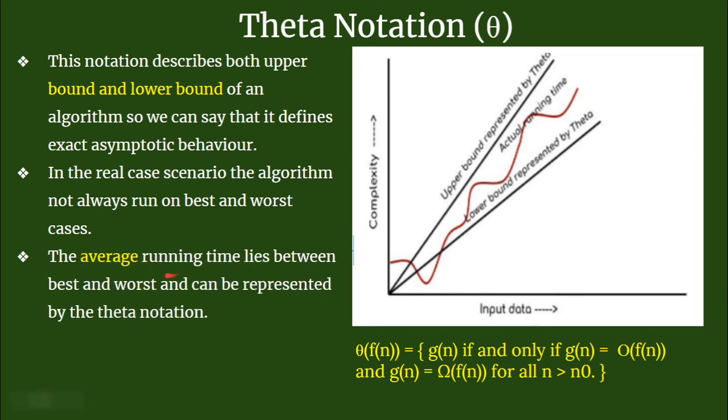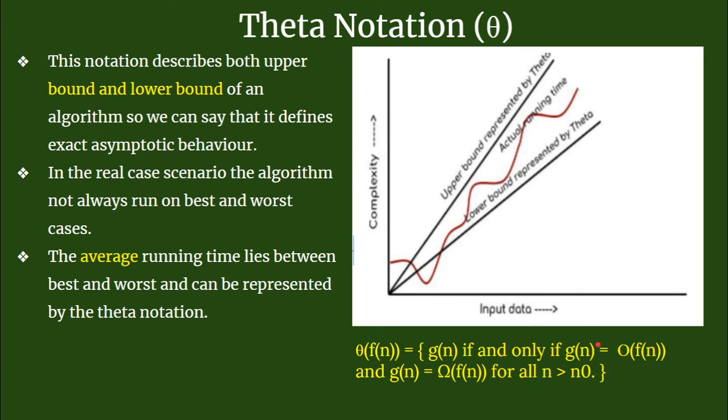So mathematically, this is defined as theta of f of n is equal to the set of all g of n if and only if g of n is equal to big O of f of n and g of n is equal to omega of f of n for all n greater than n0.